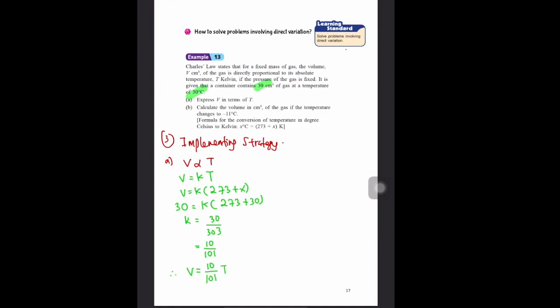Okay, so settle part A. Then B, calculate the volume in cm³ of the gas if the temperature changes to negative 11 degrees Celsius. V is equal to 10 over 101 times 273 minus 11.